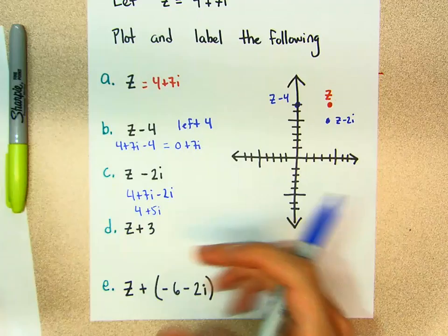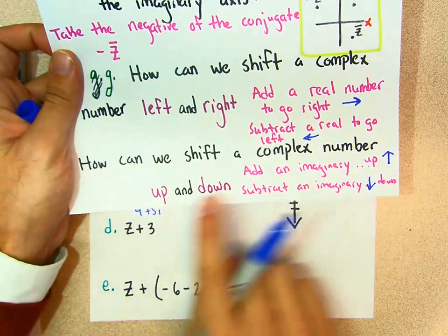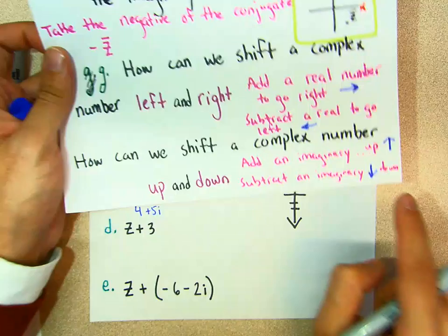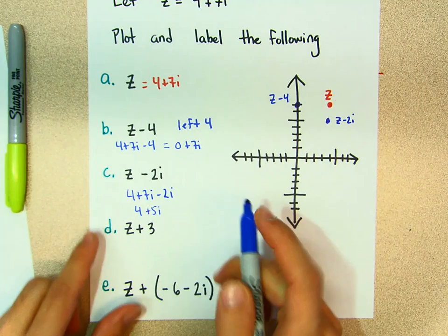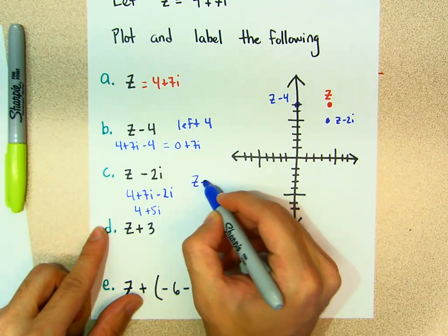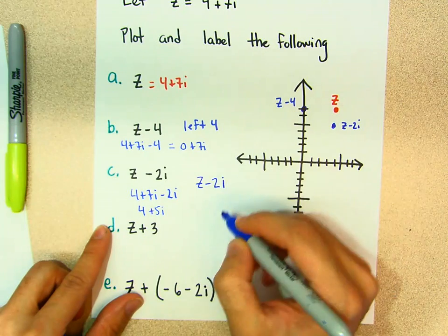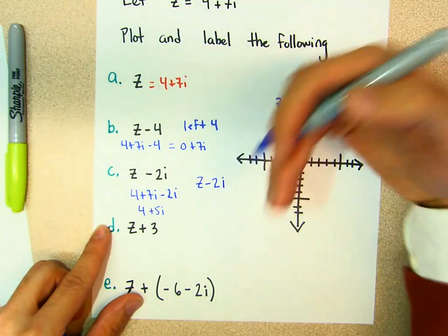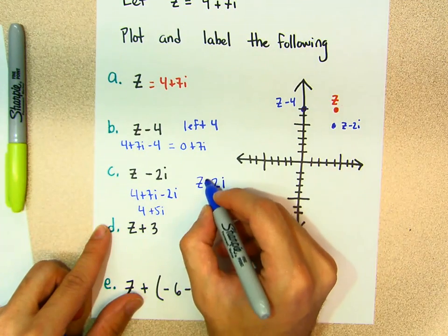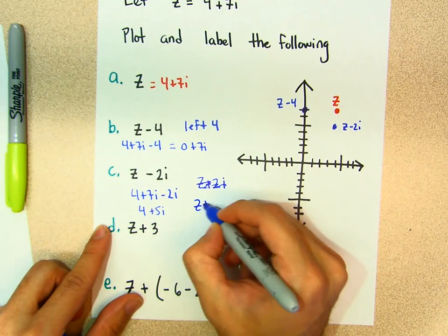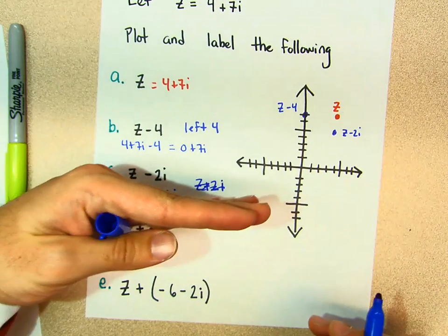So when we say, how can we shift a complex number up and down, you want to subtract an imaginary number to go down. You see here, if I do z minus 2, it goes left 2. But if I do z minus 2i, it goes down 2. What if I do z plus 2i? It goes up 2. And then let's say if I do z plus 2, it goes right 2.